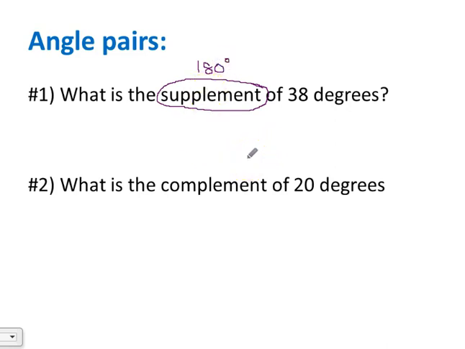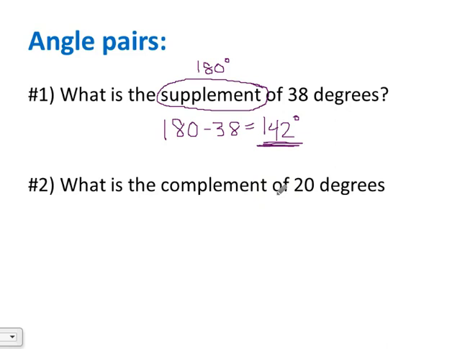So if we want to find the supplement of an angle that's 38 degrees, all we need to do is take 180 and subtract 38 from that. And what do we get? 142 degrees. So the supplement of 38 degrees is 142 degrees.